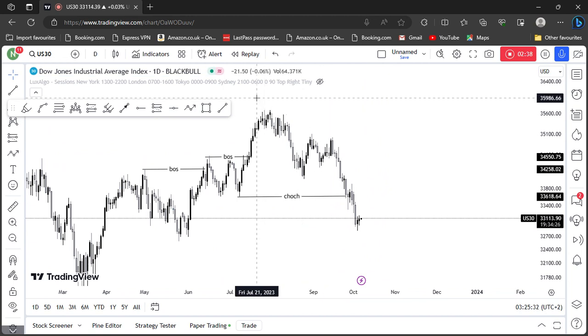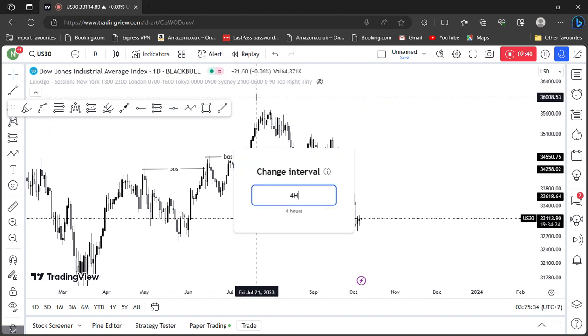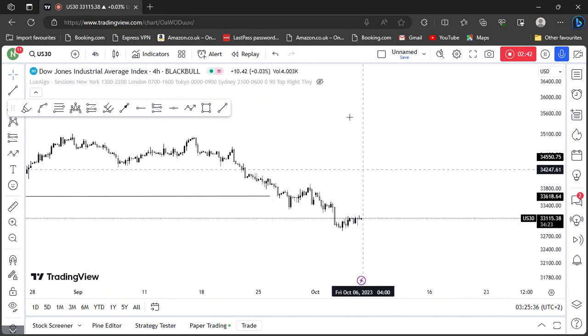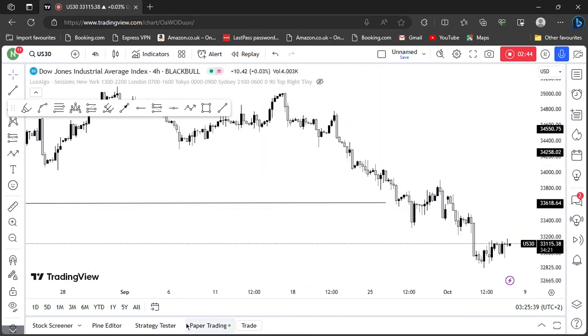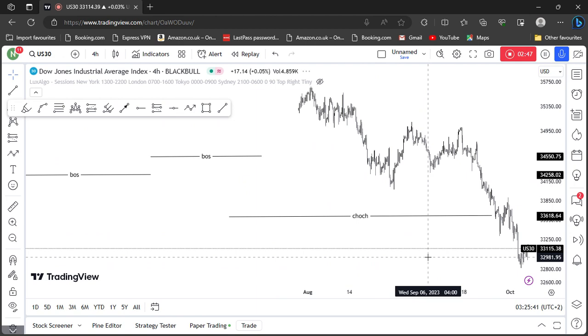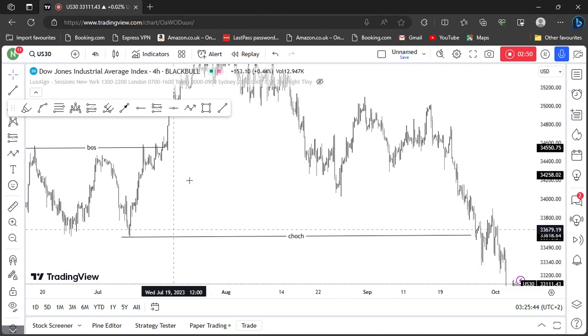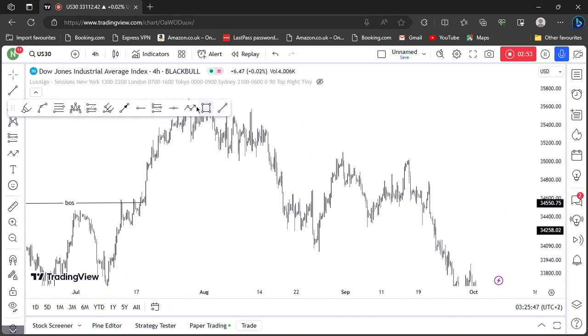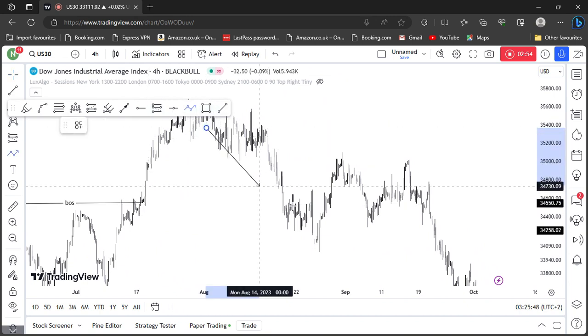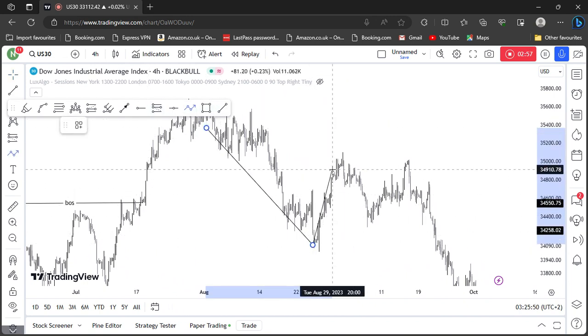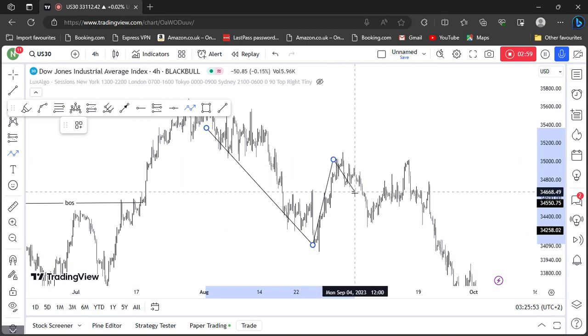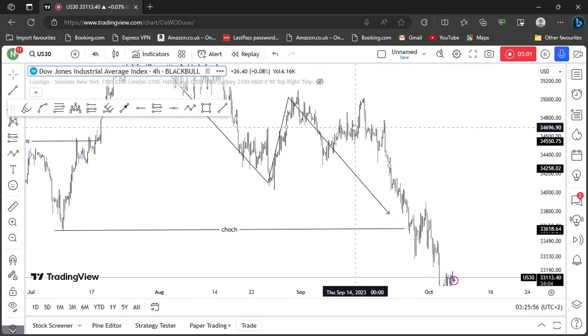So what you're gonna do right now is scale down to the 4 hour time frame. You see that after that previous higher high that we had, we are now making a lower low, lower high, and lower lows, right?